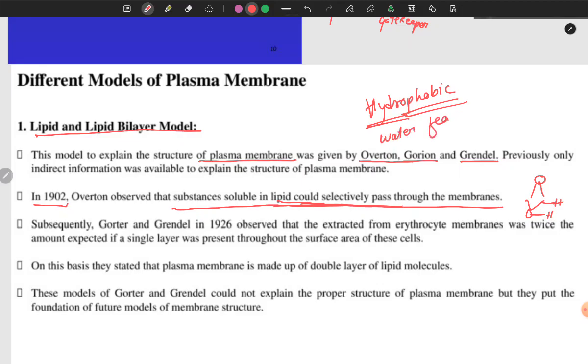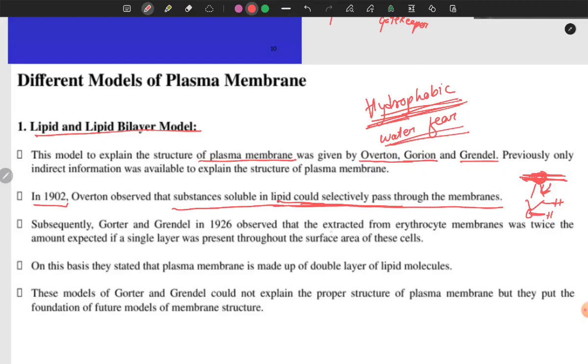So the hydrophobic substances don't interact with the liquid or water. In this way they selectively pass through it, and the things which are water soluble stay at the head because it is hydrophilic, which loves water.